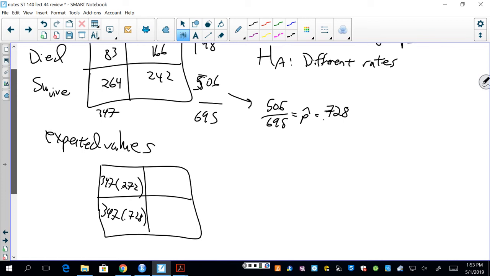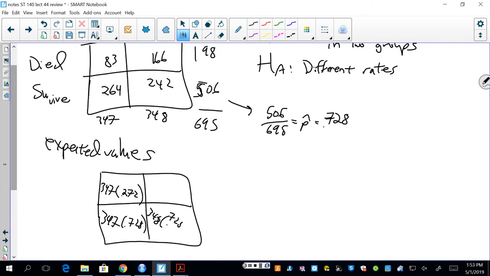If it's the same survival rate in the observation group, there was 348, we would expect 348 times 0.728, and 348 times 0.272. And those would be our expected values.